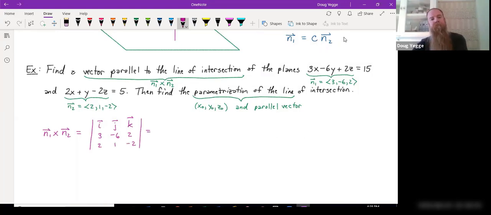When we compute the i component here, we simply get 12 minus 2. Just verify that these were the right values.